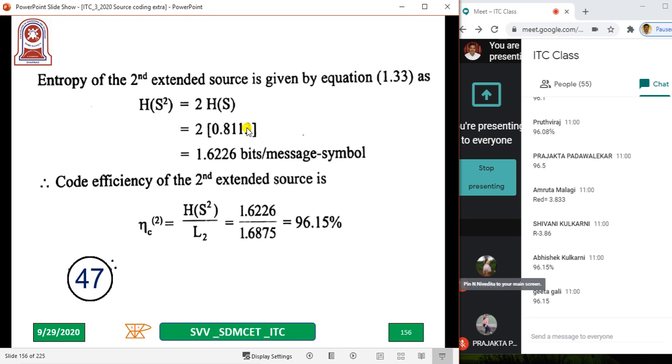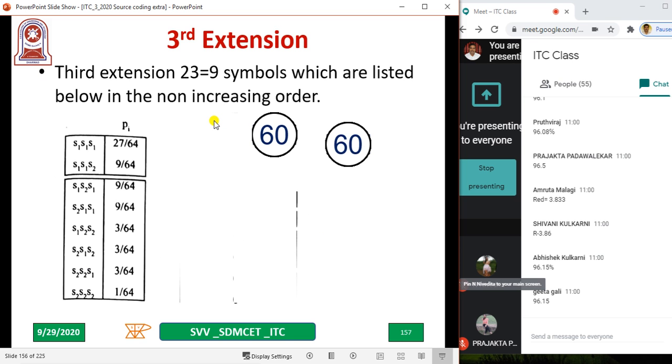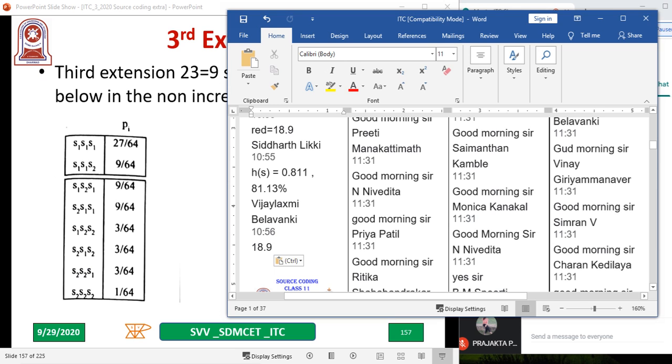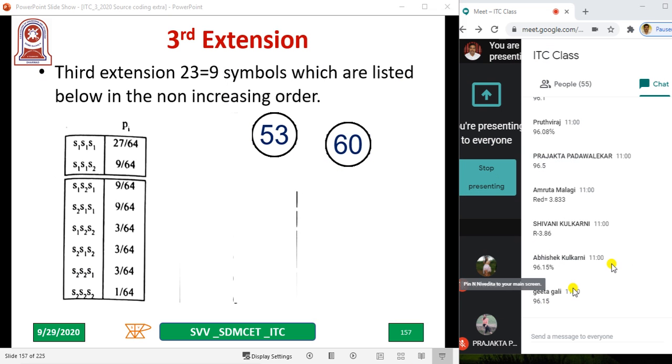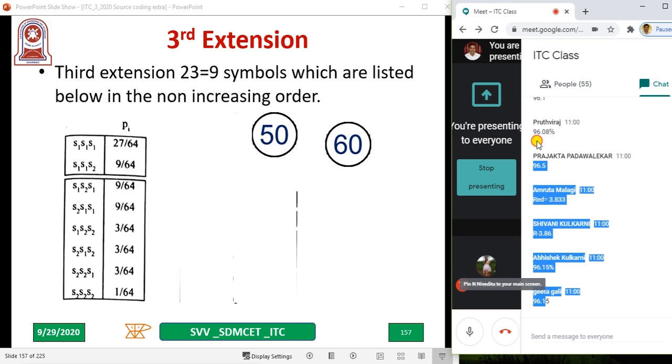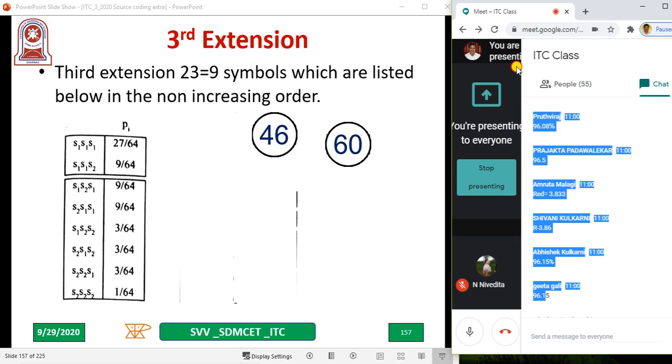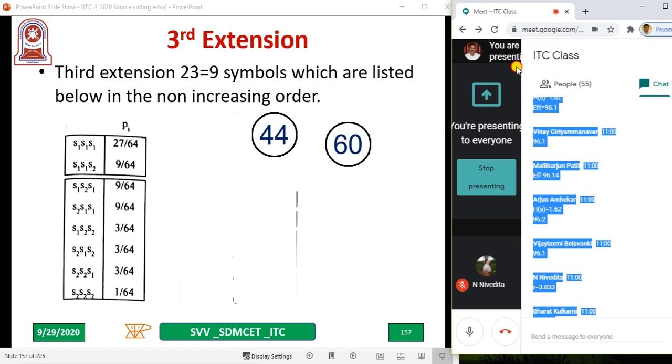Okay, let us go to the next. Hope most of you have completed it. Now we have to go to the third extension. So write down the third extension fast. Copy down, continue. Third extension: S1, S1, S1, S1, S1, S2, S1, S1, S2, S1.